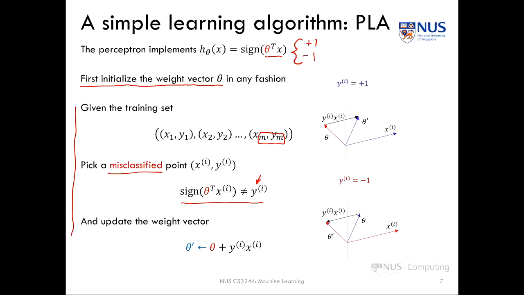After that, we need to update the weight vector to try to get this point correct. How do we do that? We're going to update the weight vector from the original amount by adding a term that is just based on the current misclassified example times its actual class. When we add these two terms together, we're going to get a new weight vector theta prime.